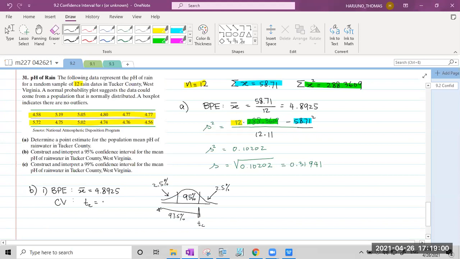So the calculator notation for T critical will be inverse T, 0.975, degree of freedom 11, not 12. 12 is the sample size. Degree of freedom is always 1 less than that.